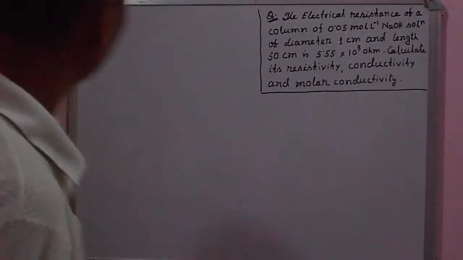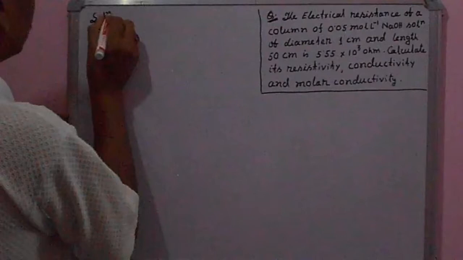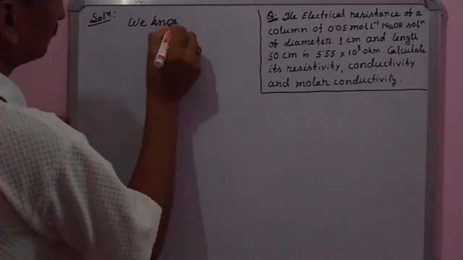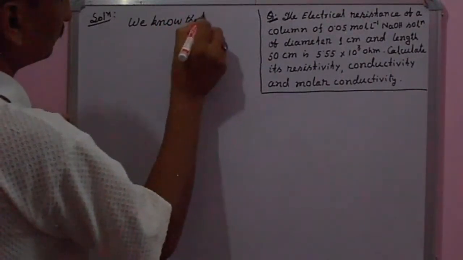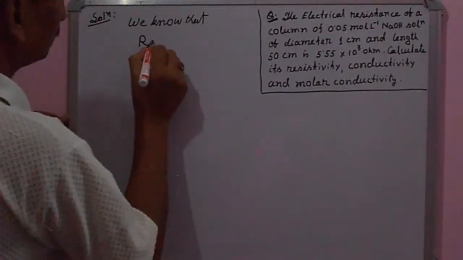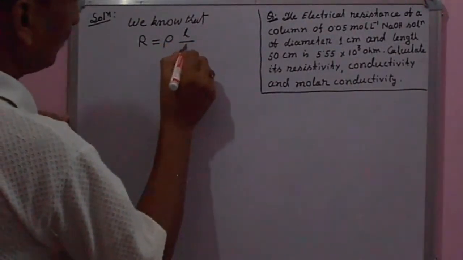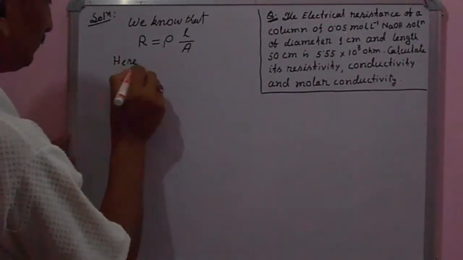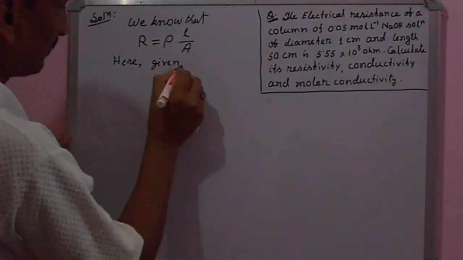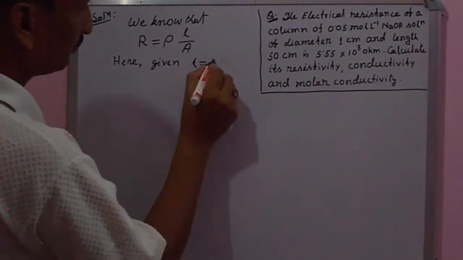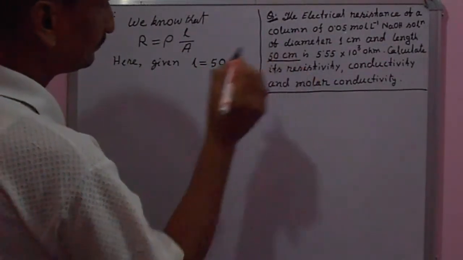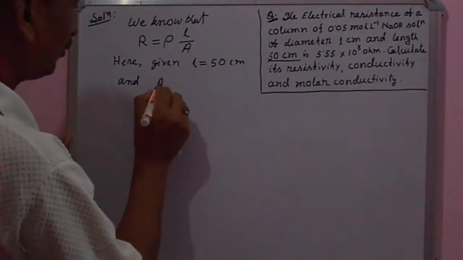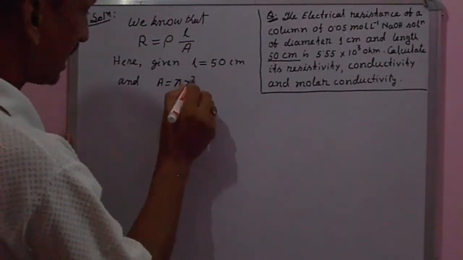Now you see here, we know that R is equal to rho L by A. That already we know. Here given L is equal to 50 centimeter and A will be equal to pi r square.